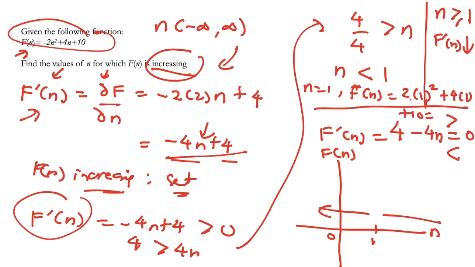So it's going to be 2 times 1, 2, 2 plus 4, 6, 6 plus 10, 16. Okay, so the coordinate here is 1, 16. Let's say 16 is here.